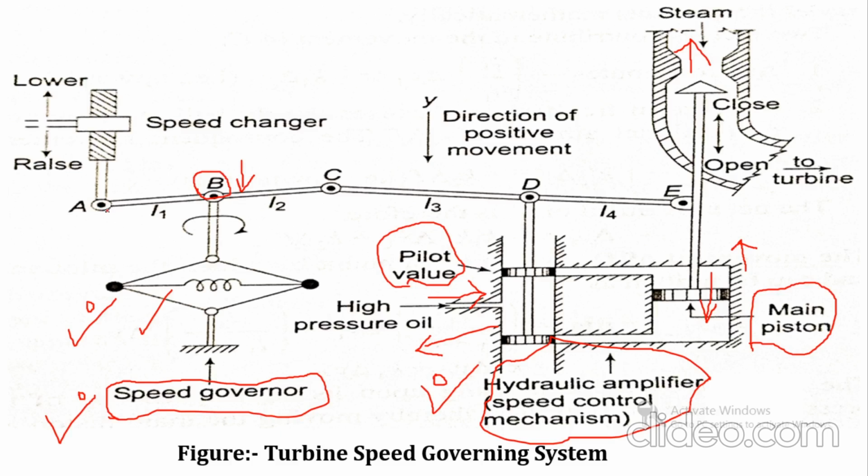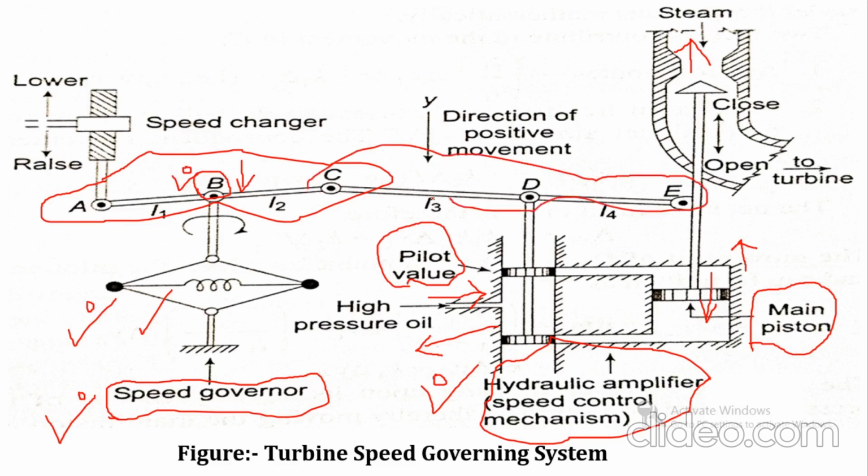Points A, B and C form a rigid link that is pivoted at point B. The second one is C, D and E, which is pivoted at point D. This link mechanism provides a movement of control for the valve operation which is proportional to the change in speed, or we can say proportional to the change in frequency.